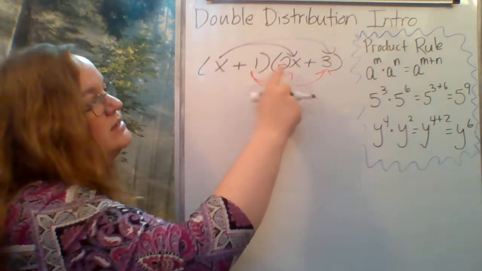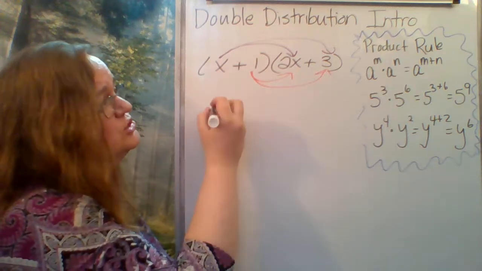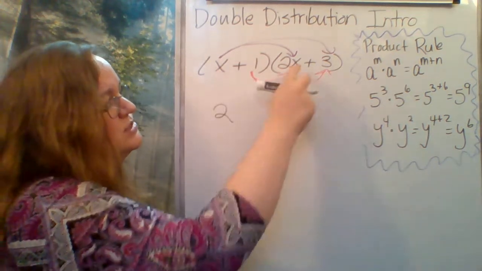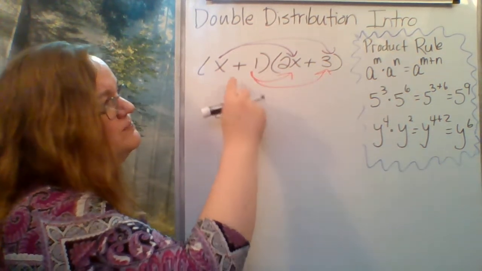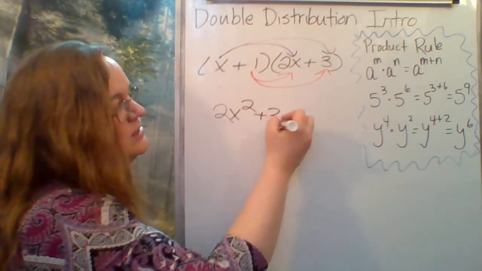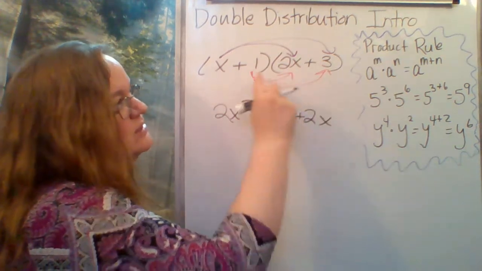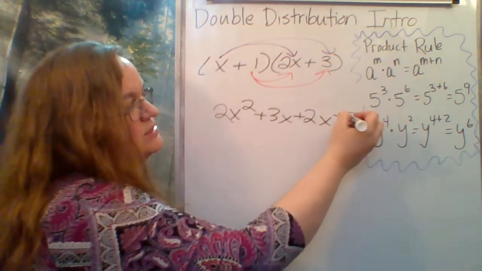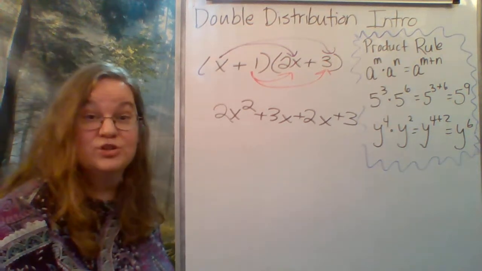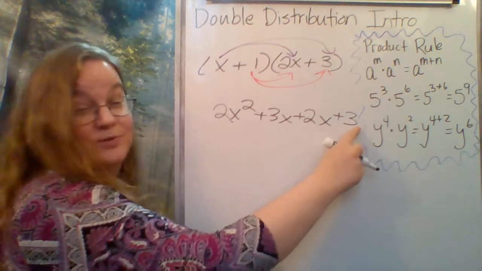So from here, x times 2x. Well, this is a coefficient of 1, so 1 times 2 is 2. x to the first times x to the first is x squared. x times 3 is 3x. Now I start here. 1 times 2x is 2x. 1 times 3 is 3. Once I've distributed, notice I've got 1, 2, 3, 4, 1, 2, 3, 4.